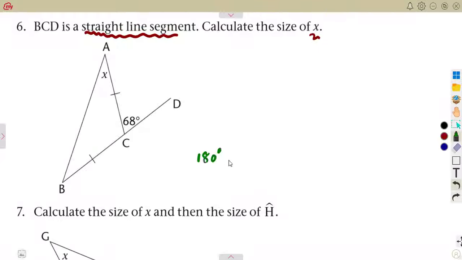So we're simply going to subtract 68 degrees from 180 degrees, which is the concept of the angles that are on a straight line. And you are going to obtain 112 degrees. Meaning to say this other angle at C is 112 degrees.